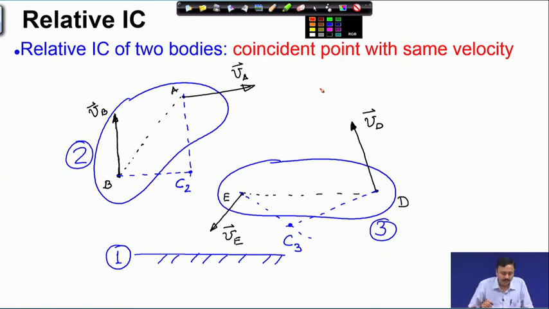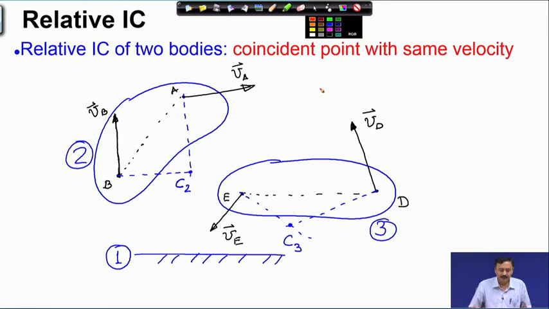what is the relative instantaneous center of rotation of bodies 2 and 3? So, what is the concept of this relative instantaneous center of rotation?